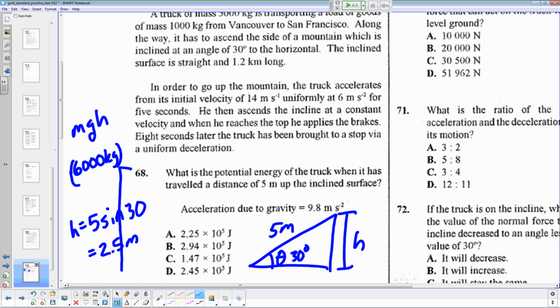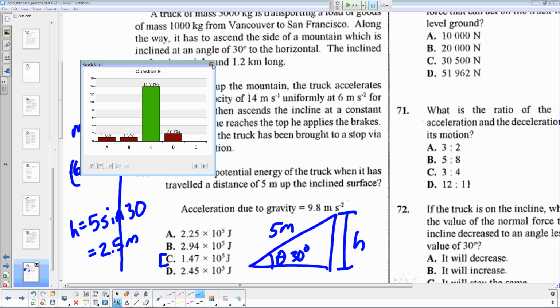So 6,000 times 9.8, which we'll just call 10 to make it easier, times the height, which is 2.5. So that's 60,000 times 2.5, which is 150,000. The closest answer that we have is about 150,000, which is C. That's correct. Okay? Y'all good on that?